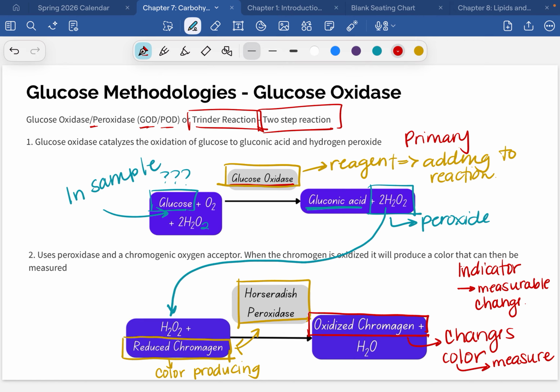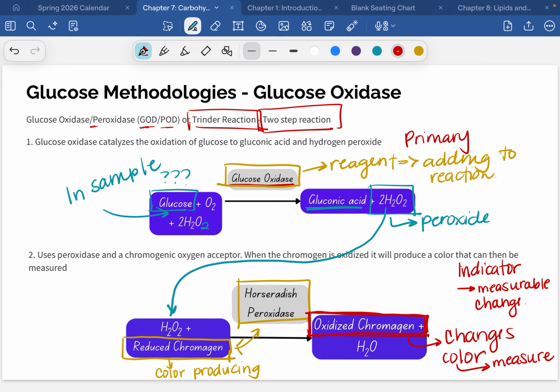When we look at that first reaction, the conversion to gluconic acid and hydrogen peroxide, the production of hydrogen peroxide itself is not something that is visible. Hydrogen peroxide looks like water. We cannot see that anything has changed. But when we add this chromogen and this second enzyme, we oxidize the chromogen, and that produces a measurable color change.